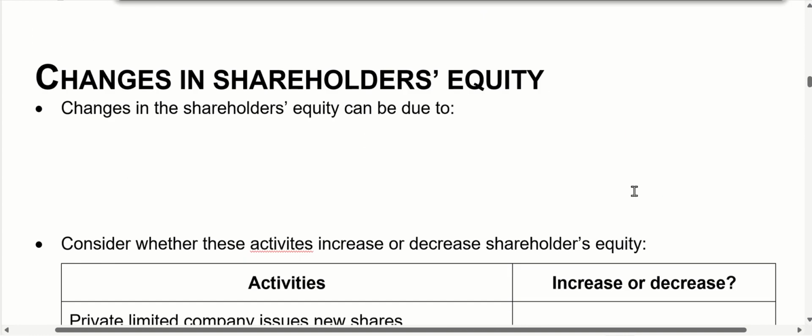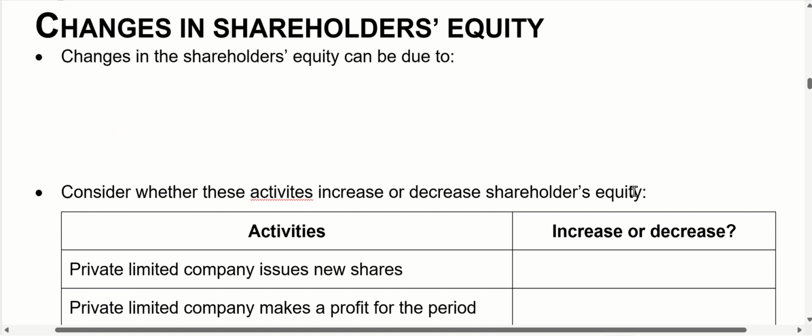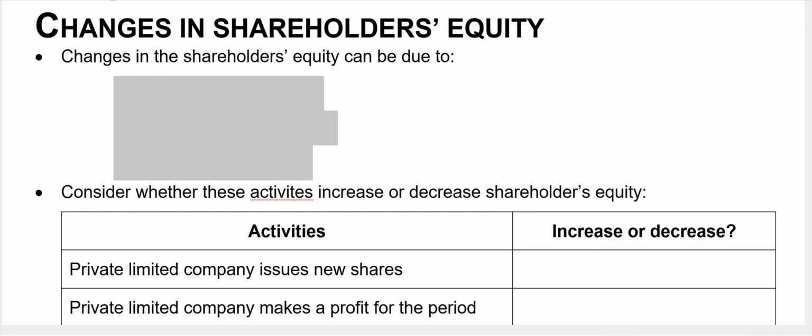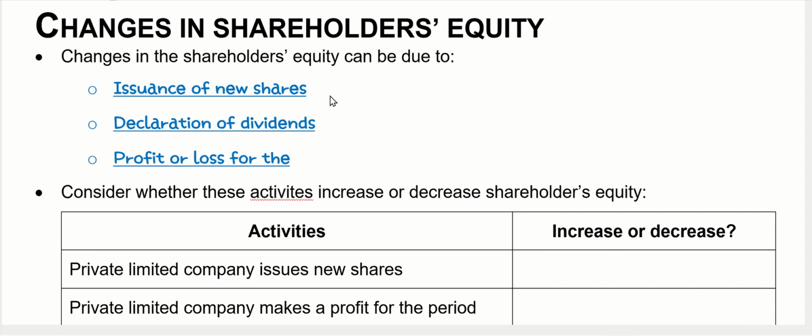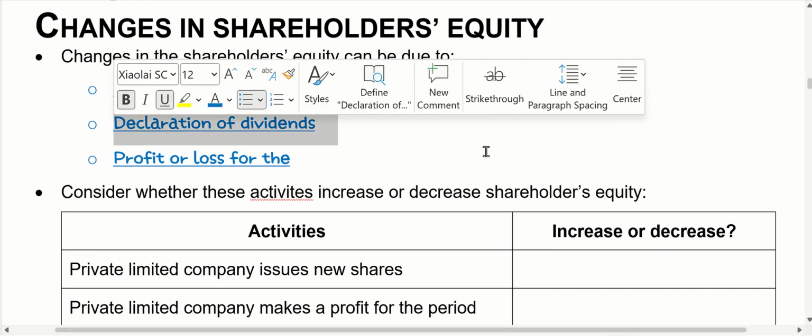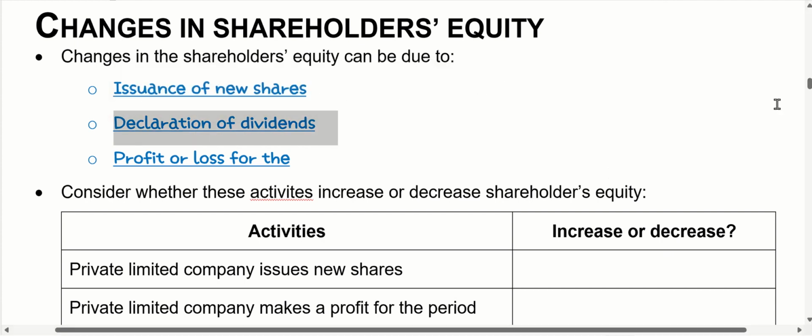So what can cause changes in shareholders' equity? Changes in shareholders' equity can be due to three things. It could be because you are issuing new shares, or you have told all your shareholders, I'm going to declare some dividends, I'm going to pay you guys some dividends.